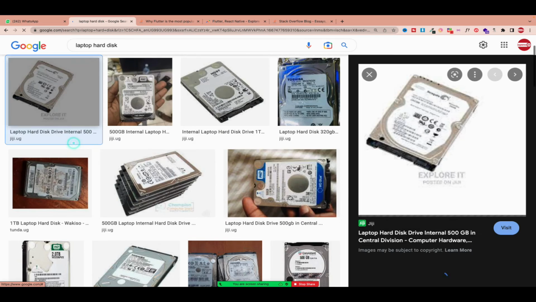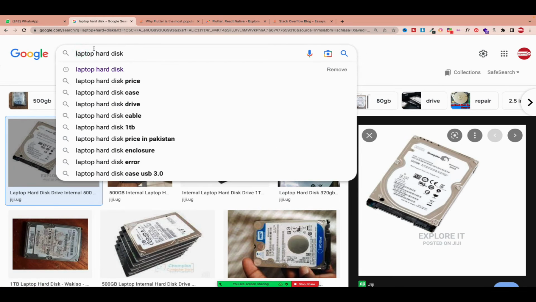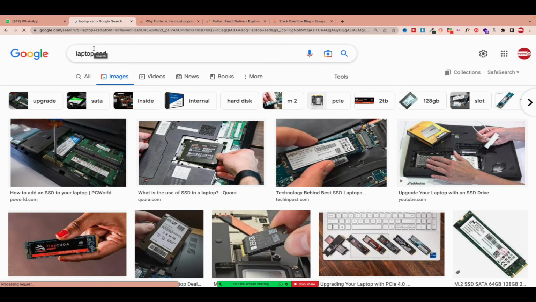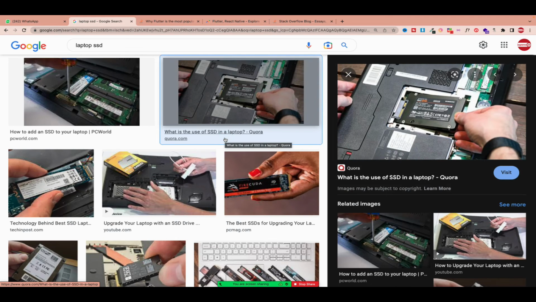If this is what is still in your computer, please get at least 250,000 and go and change it to this SSD. SSD will be like 30% faster than a hard disk. You see? The other one has a drive, but this one is kind of a memory card. So note that one down.